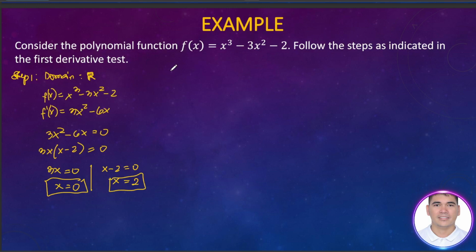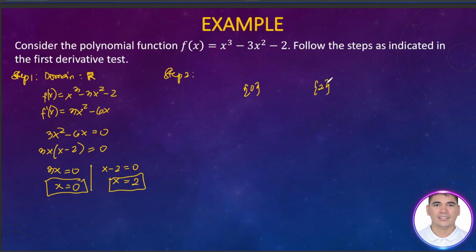Step 2. Step 2 is we need to subdivide. So the domain, the set of real numbers, can be subdivided into the following subintervals, points, and singletons. So here we have 0. Here we have 2.